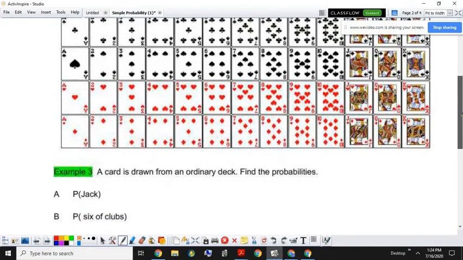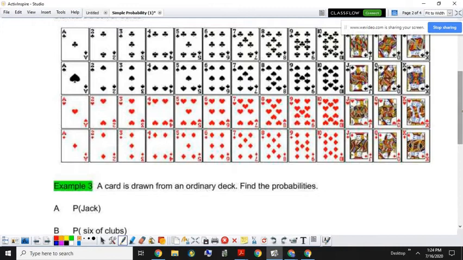Example 3: a card is drawn from an ordinary deck of cards. Find the probabilities. This is going to be out of 52 because there are 52 cards in the deck. We want a jack. Here are your jacks. So we have 4 out of 52 jacks, which simplifies to 1 out of 13.